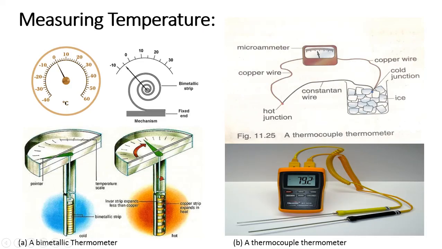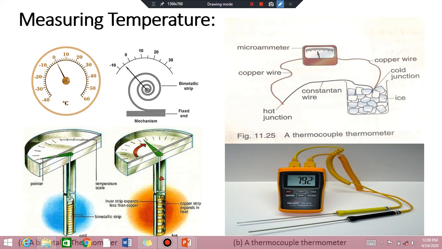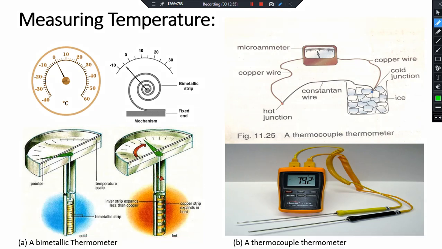If you look at the first diagram, it is the diagram of the bimetallic strip. If you remember, the bimetallic strip is made from brass and iron. If the temperature is cooled down, the brass contracts and the iron expands.